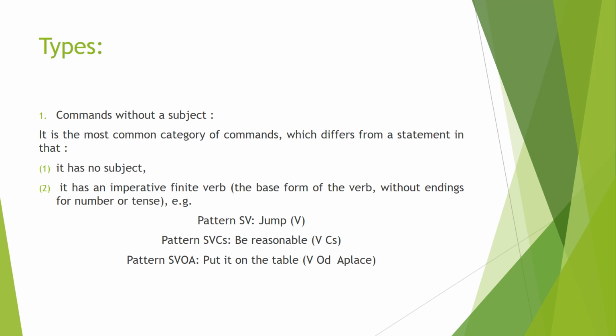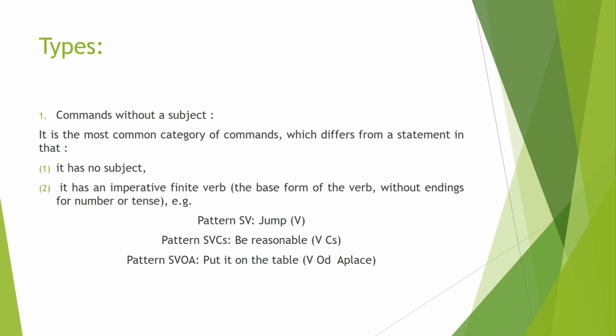For example, if we say jump, this is a sentence that consists of only the verb. How did we do that? Because by this verb we are actually making a command.